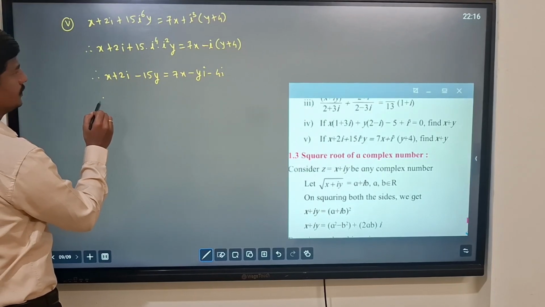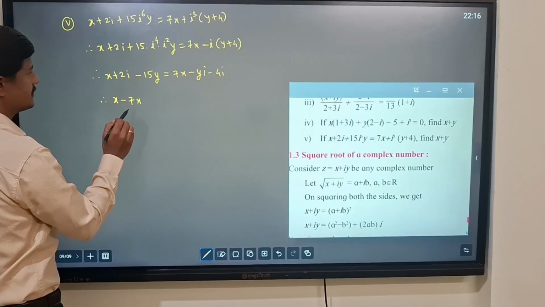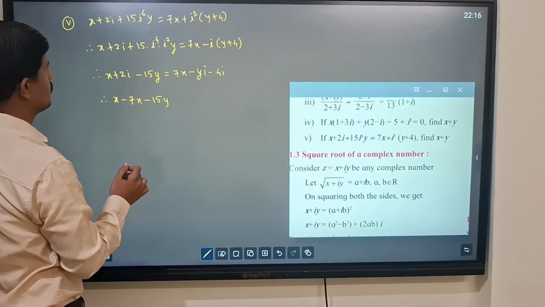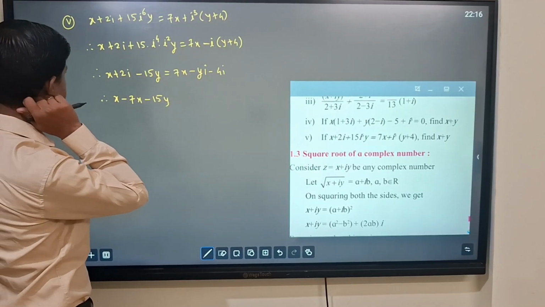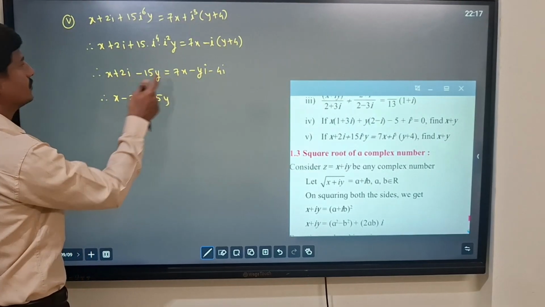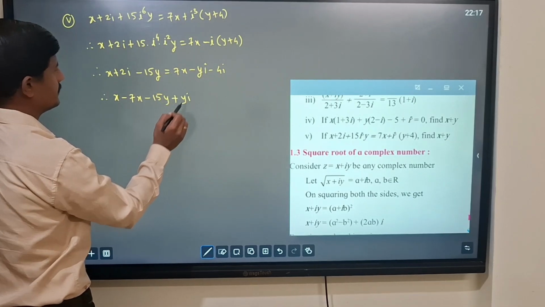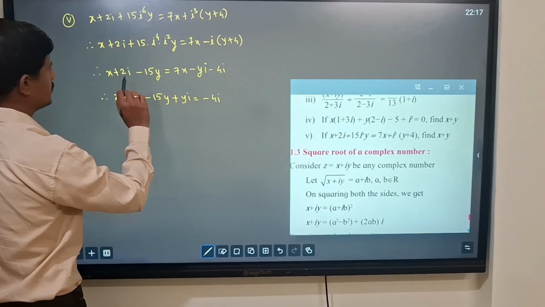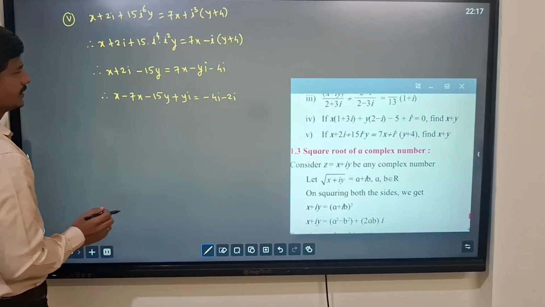Therefore, this x comes to here, it will become minus 7x minus 15y, okay. Now this yi term comes here, yi equal to minus 4i, and this 2i goes to the other side, this becomes minus 2i.